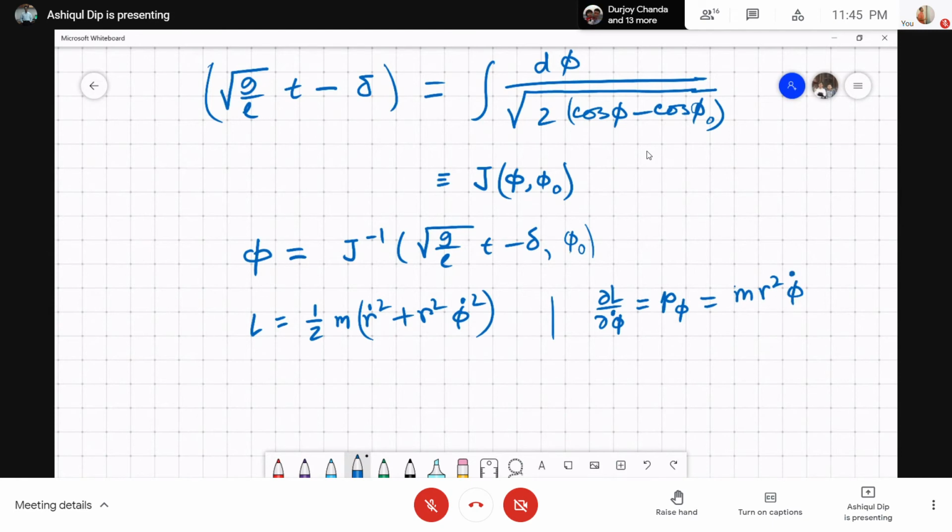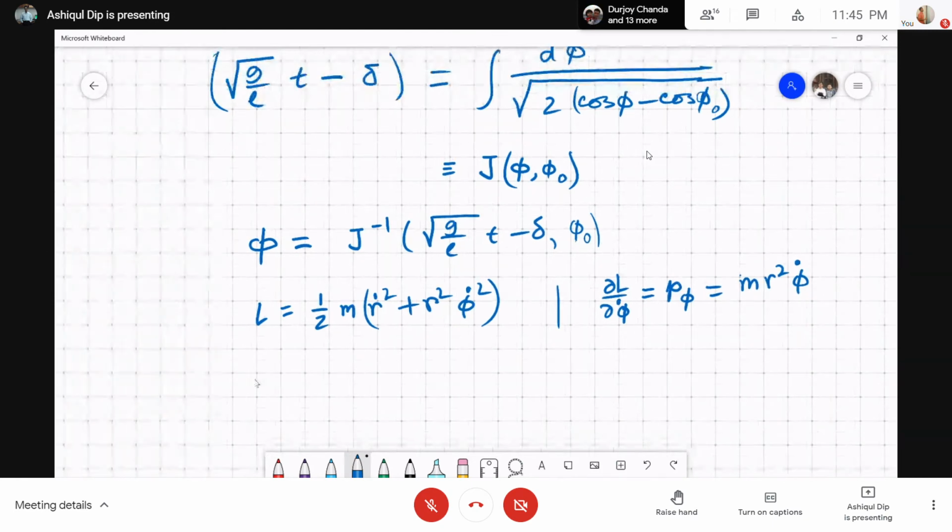So from here you can write your Hamiltonian, using the standard procedure. P_r is defined as delta L over delta r dot, which is basically m r dot.